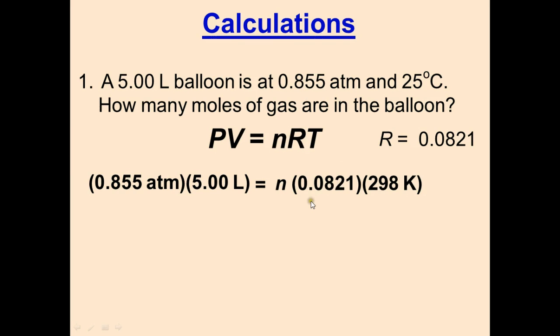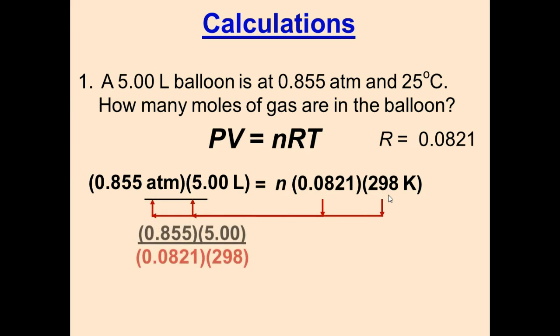We have this all, and we need to solve for the number of moles. Think of algebra: we have to isolate n, so we divide both sides by the right side, essentially dividing the left side by the right side, except n stays over there.